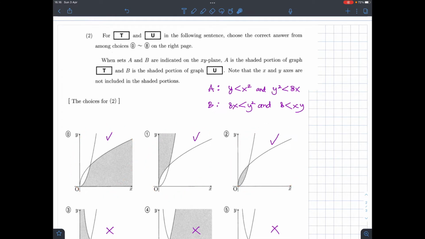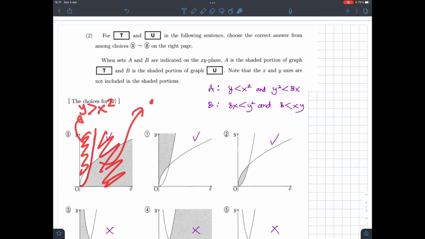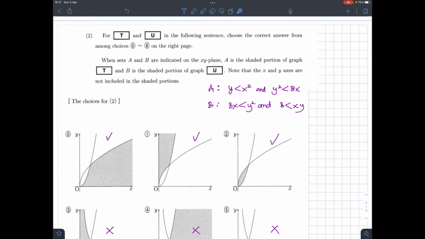Y equal x squared should look like this. This area is for y greater than x squared, and the other side is y less than x squared. You can check by substituting a point. They ask for y less than x squared, so the correct region is here.